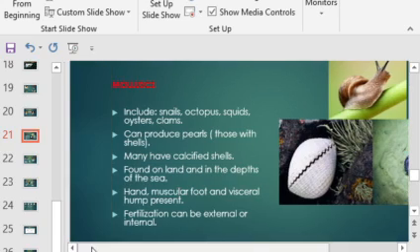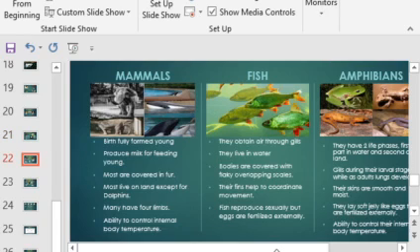The next slide now, we are going to begin to talk about the five classes of vertebrates. We are going to start with mammals. We should really pay keen attention to these. Very important to know.